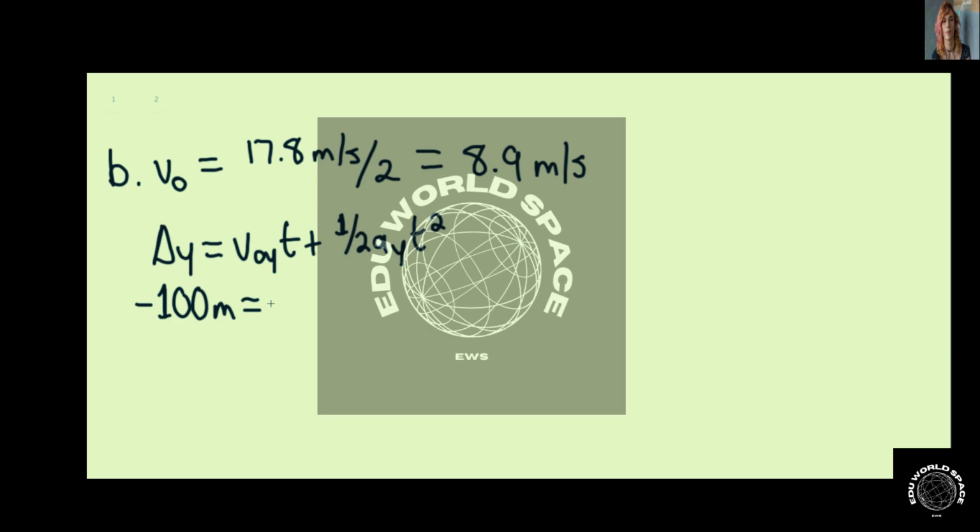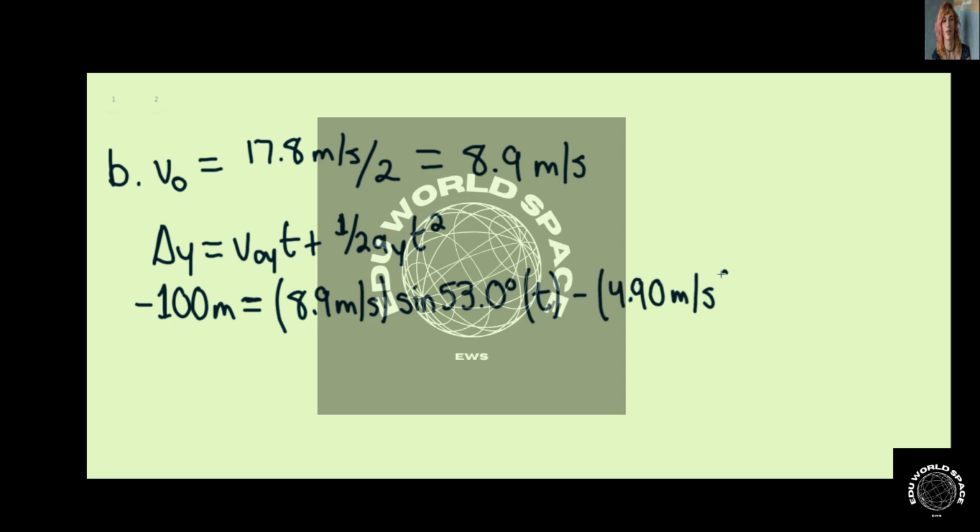This would give us 8.9 meters per second multiplied by sine of, again, 53.0 degrees times t, and then this would be minus 4.90 meters per second squared times t squared. As you can see, this is a quadratic equation, and so you can use your TI-84, 85, or 89 in order to solve for t and we see that the only positive root for t is equaling 5.30 seconds.